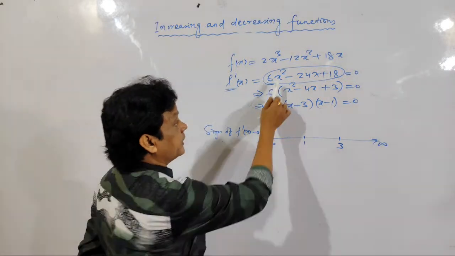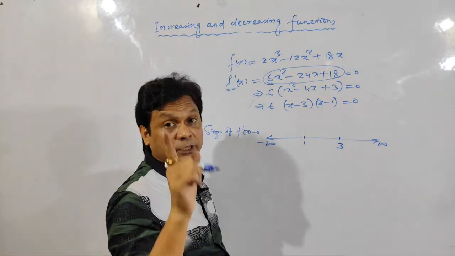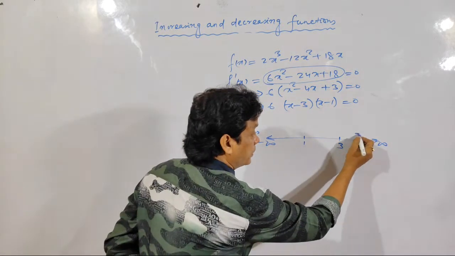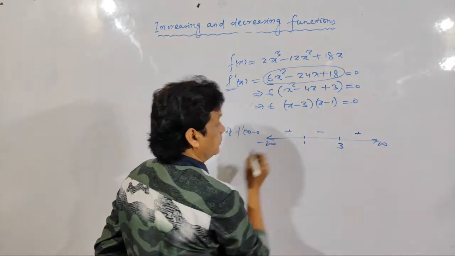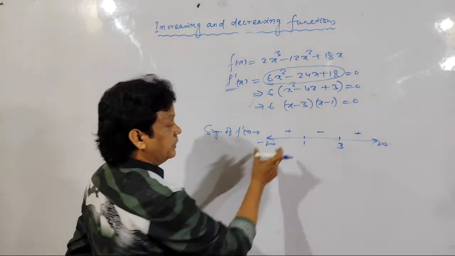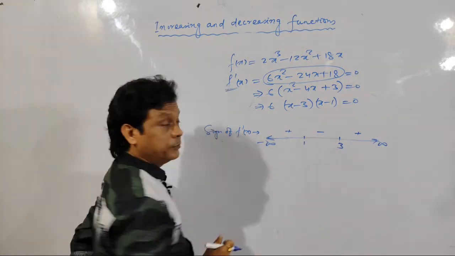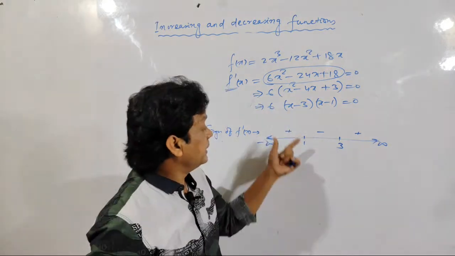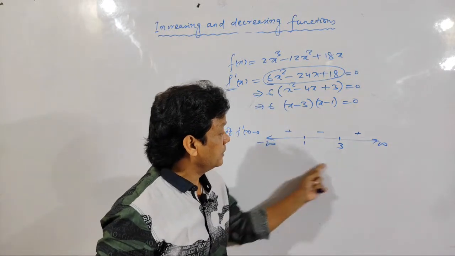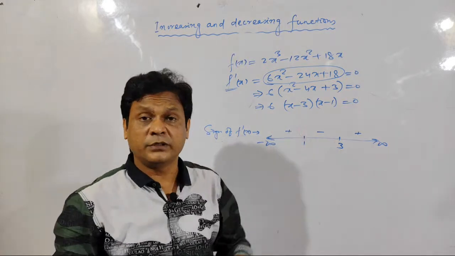And the coefficient of x square is positive, so put positive, negative, positive. Clear? Derivative is positive here, here it is negative, here it is positive. That means the graph is increasing in these two intervals and decreasing in this interval, over.